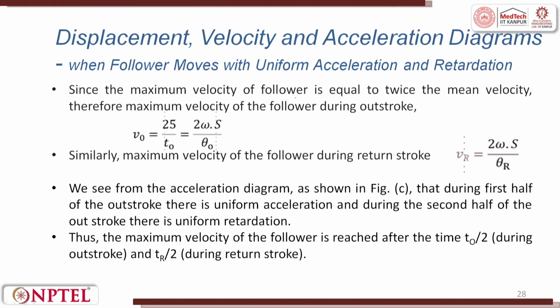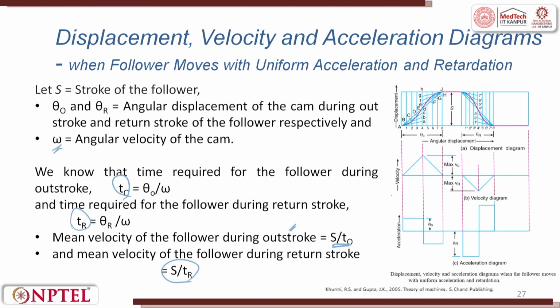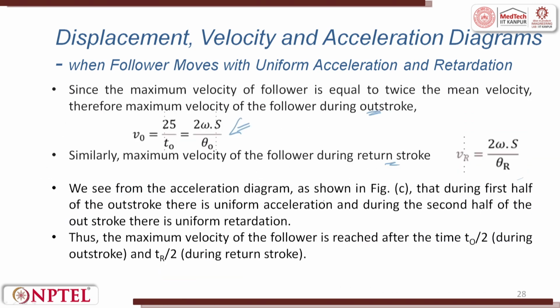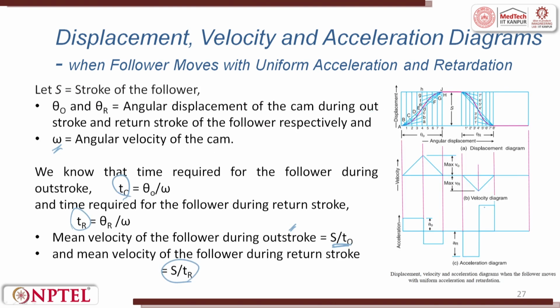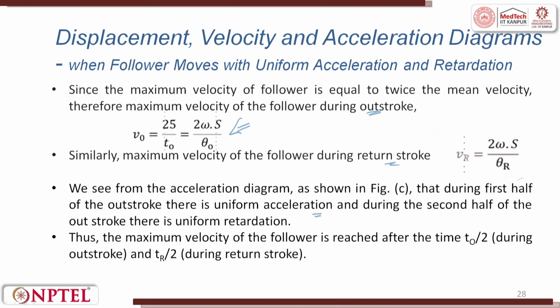Since the maximum velocity of the follower is equal to twice the mean velocity, the maximum velocity of the follower on the outstroke is 2S by T naught, that is 2 omega S by theta naught. The return stroke will be similar. The acceleration diagram is shown in figure C: during the first half of the outward stroke there is a uniform acceleration, and during the second half there is a uniform retardation.